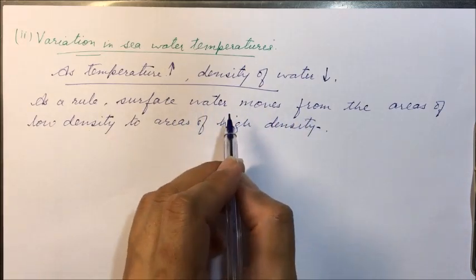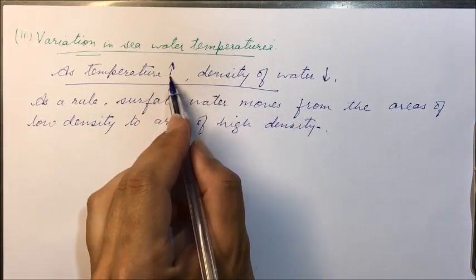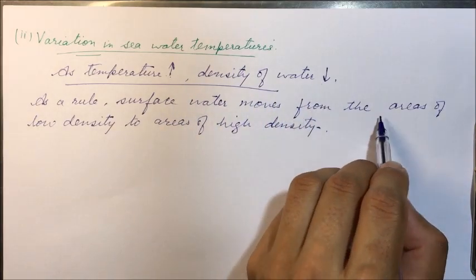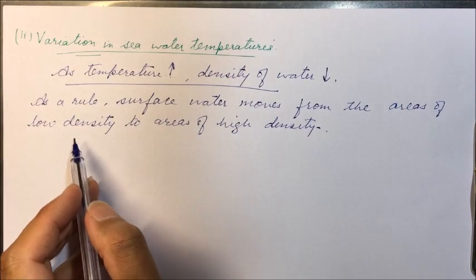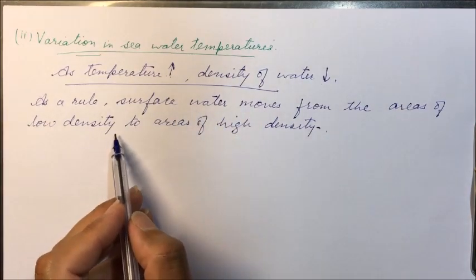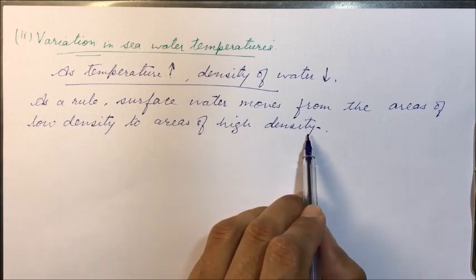So the surface water gets heated, the temperature increases and it becomes less dense. So it will move from areas of low density. Therefore, surface water will move from areas of low density towards the areas of high density.